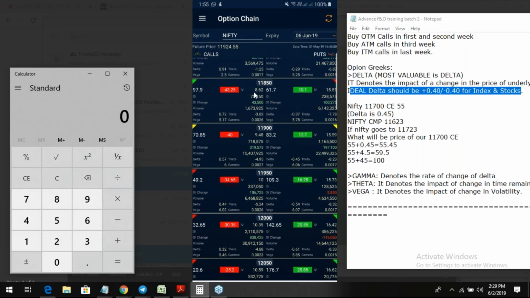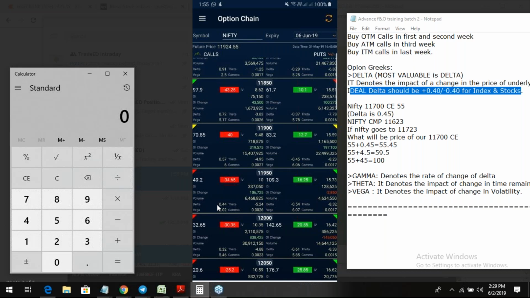Again, I'm saying, no one will give you accurate, on-time, perfect data in market time. This is almost 10 minute late data. In market timing, if the market goes up, your delta will go up. If the market goes down, your delta goes down.